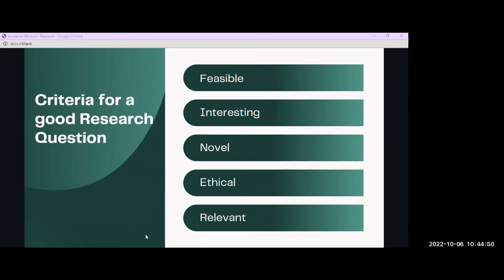Next is your study must be interesting. Okay, so there are some studies that are already commonly conducted. In fact, when you look into the literature, a lot of studies have already investigated the variables that are included in your study. Like for example, if your study is all about teaching styles and academic performance.